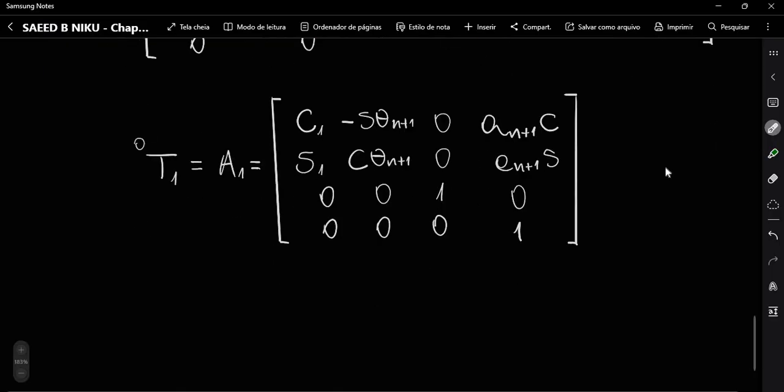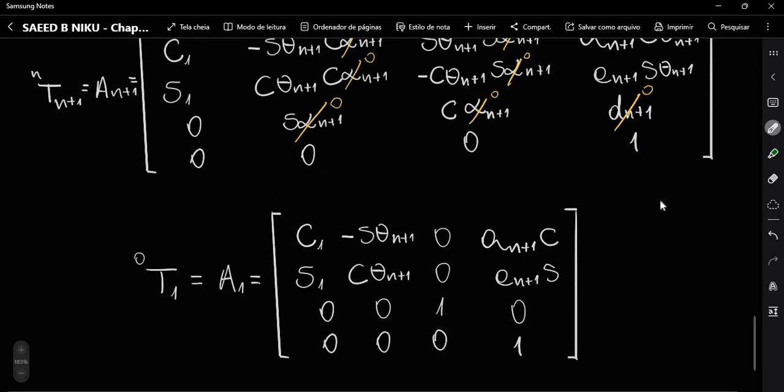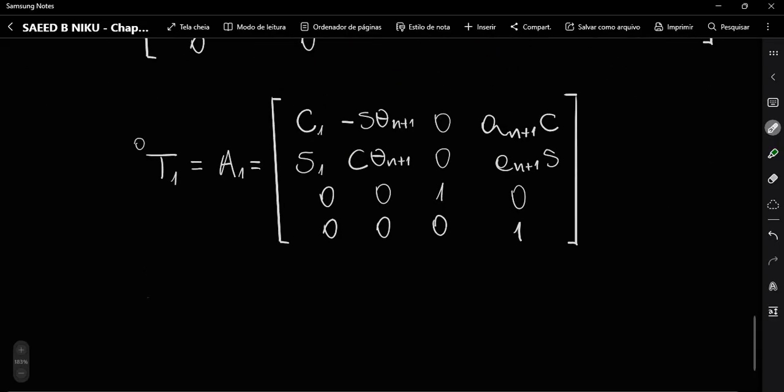Okay, and for the transformation of the frame 2 in relation to the frame 1, which is the transformation A2.